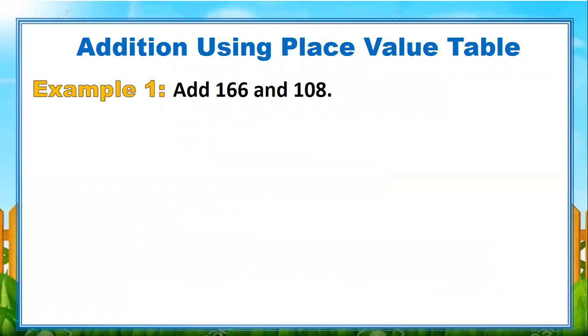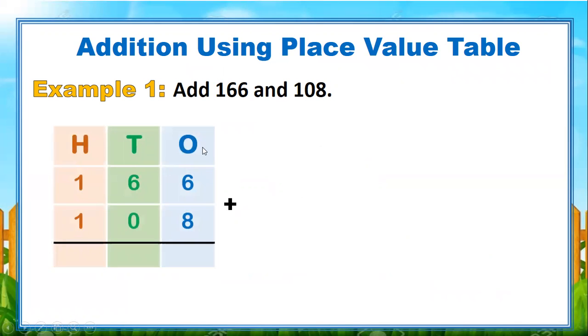So let us now have examples of addition with regrouping. For example, number 1, let's add 168 and 108 using a place value table. This is our place value table. The first column is the ones place, the second column is the tens place, and the third column is the hundreds place.